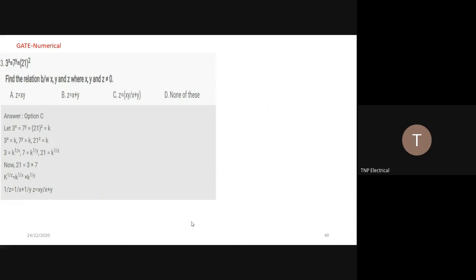Okay, let's take another one. Just go with this numerical. And this type of question is asked many times in the GATE exam.